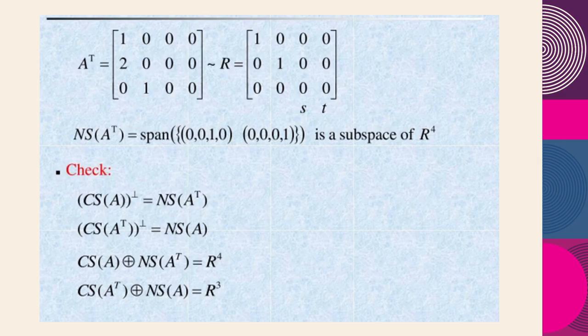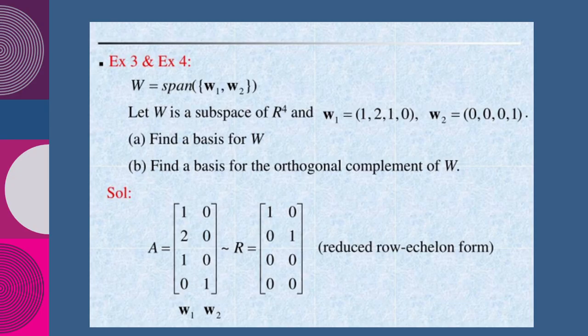The column space of A and the null space of A transpose are indeed orthogonal complements of each other, and together they combine to fill the whole space R4. The same pattern is true for the column space of A transpose and the null space of A, which together fill up R3.